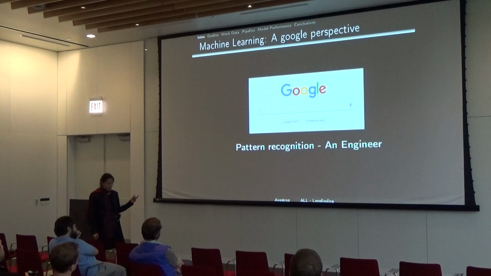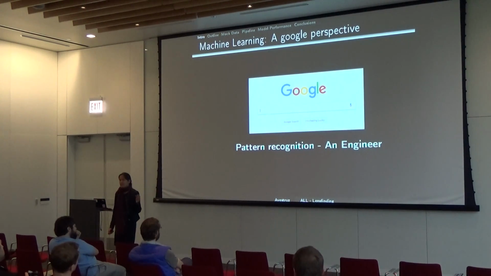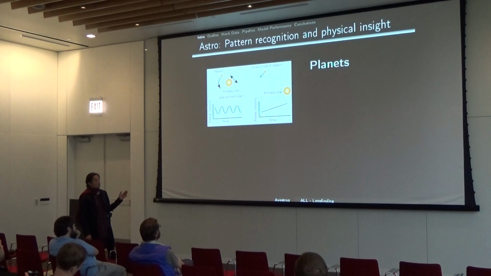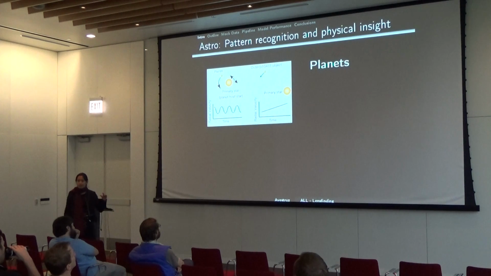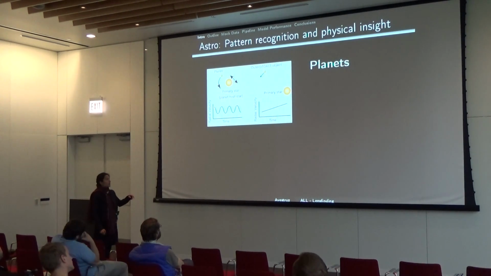The reason I like the pattern recognition description is that it's inherent to what we do in astronomy and astrophysics in general. But in addition to pattern recognition, we have physical insight, and I think that's the key difference between just flat-out engineering and doing something in the physical sciences. You're also incorporating physical insight. And this comes in a number of applications.